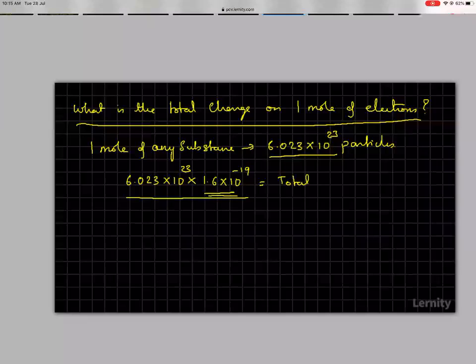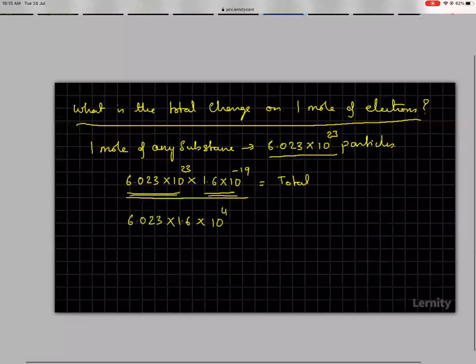Charge on 1 electron into total number of particles. So this is 6.023 into 1.6 into 10 power 4. If I multiply this, 16 into 3 is 48, carry over 4. 16 into 2, 32, 36, carry over 3. 16 into 6 is 96.